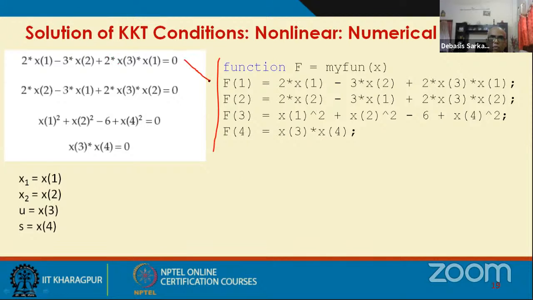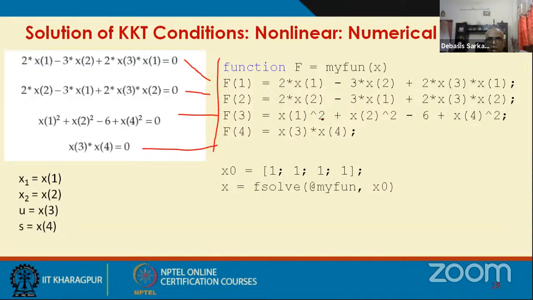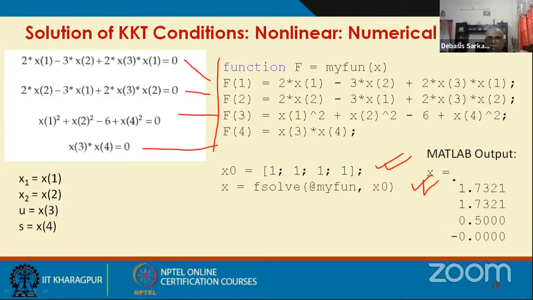So f of 1, f of 2, f of 3, f of 4. So I'm solving these 4 nonlinear equations simultaneously. And then you have this initial guess. And then just call the solver fsolve, and you obtain this solution.